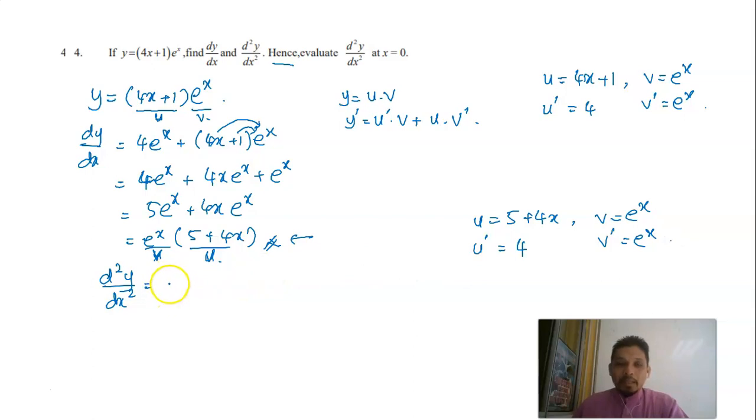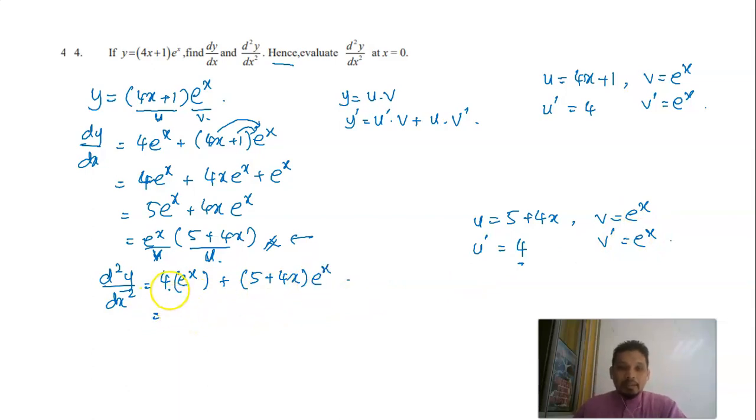Again using this formula, u prime times v plus u v prime. So u prime first is 4 multiplied with v, e to the power of x, plus u, 5 plus 4x, and v prime, again e to the power of x.